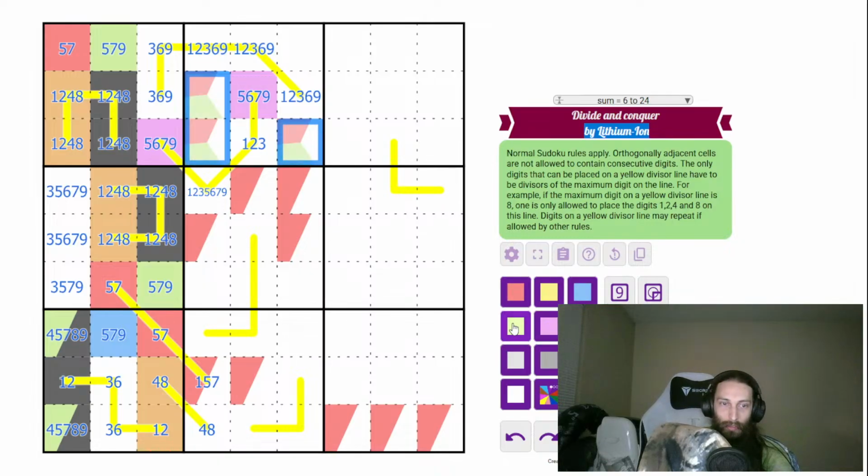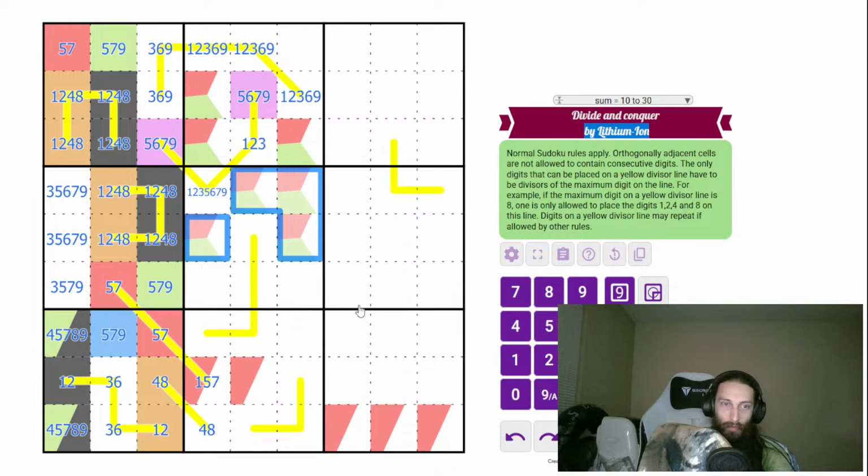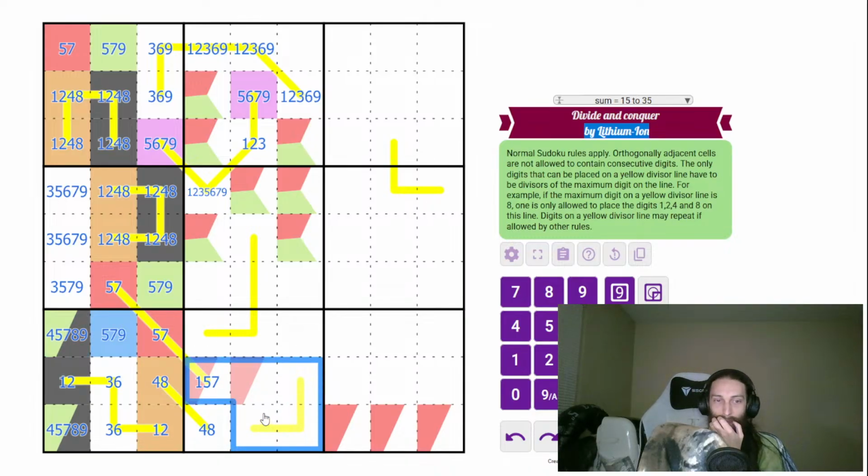Green is in this region as well. If this was green, then you'd have to have 5, 7, or 9 here. Right. Well, they'd never be there.